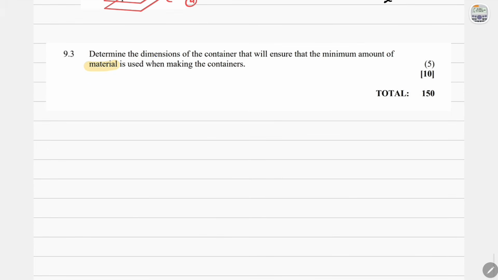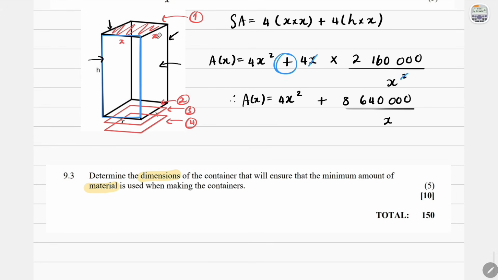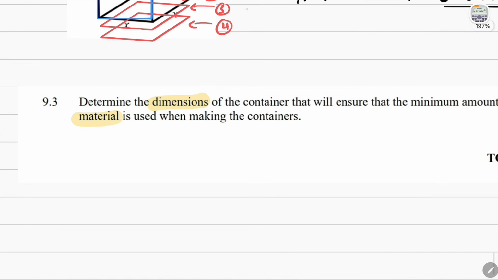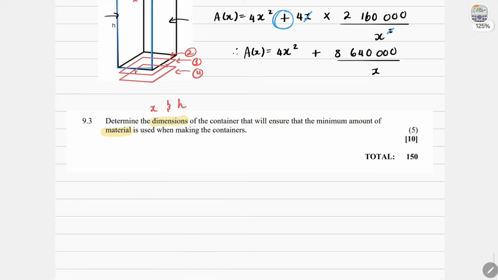Now we need to find the dimensions. If they're saying dimensions, they don't just want the value of x, because the x was the dimension for the base and of course the top part of the shape. But this will also include the height. So the dimensions just means you need to find x and h as well.